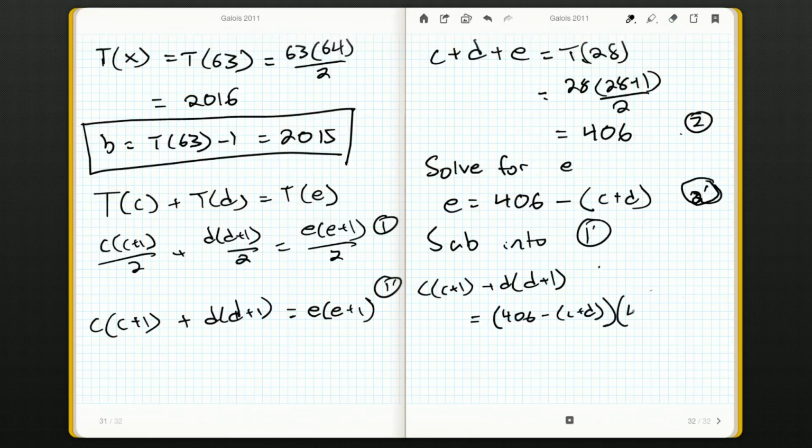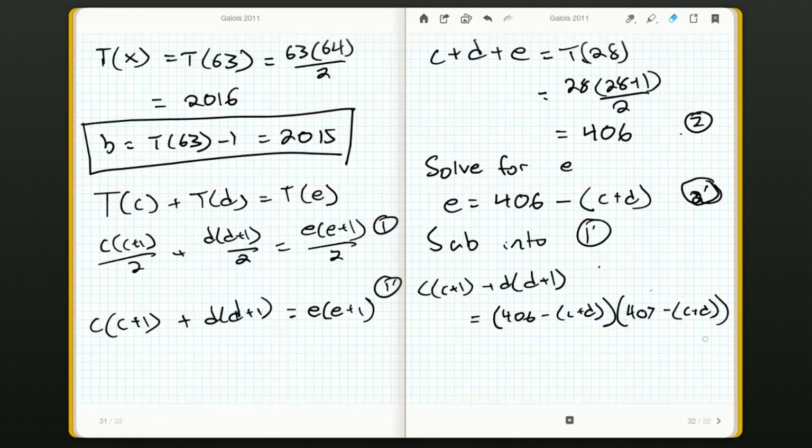Well, we can group the constants and say 407 minus (c plus d). Alrighty. Actually, we should probably just sub this into 1. Should we? No. We'll deal with that in a moment.